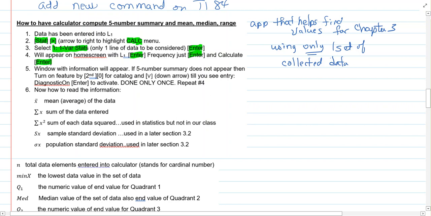Enter, enter, enter, after we paste the one variable stat. Okay, the window with information will appear. If the 5-number summary does not appear, then turn the feature on by second 0, and that gives you the catalog. And then you arrow down till you see the entry diagnostic on and enter. And it'll say done on the home screen. This will activate all of this, the 2 windows.